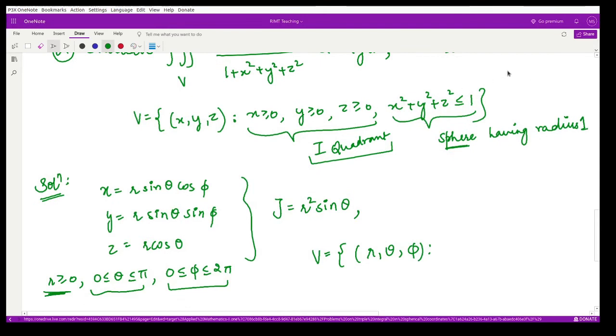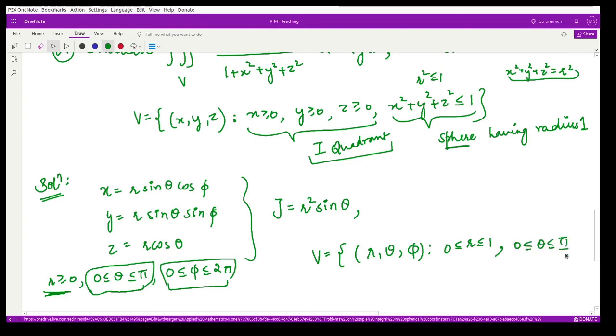You already know x square plus y square plus z square is equal to r square. Therefore this becomes r square less than or equal to 1. So r lies between 0 and 1, and the angles reduce to 0 to pi by 2 only. Why? Because now we are in the first quadrant. So the limits for theta and phi both start from 0 and end at pi by 2.